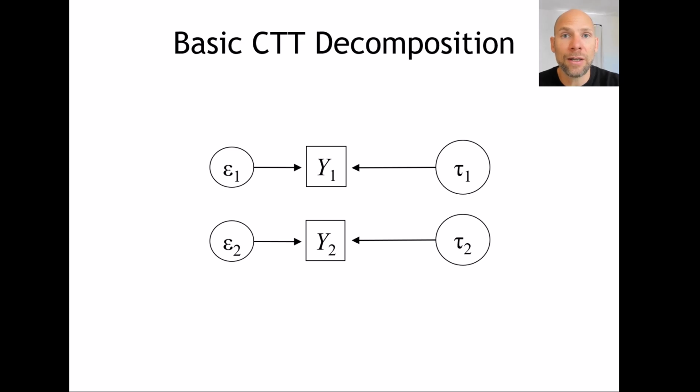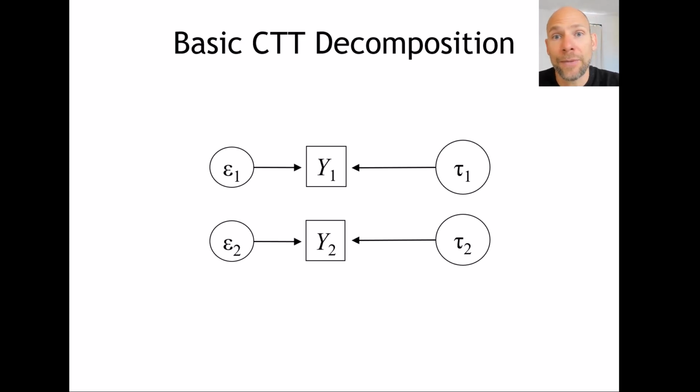But in this model here, we already have two true score variances to estimate, two true score means, as well as two error variances, and then potentially also the covariance between tau1 and tau2 we would want to estimate. And so we don't have enough information with just two variables to estimate all those unknowns.